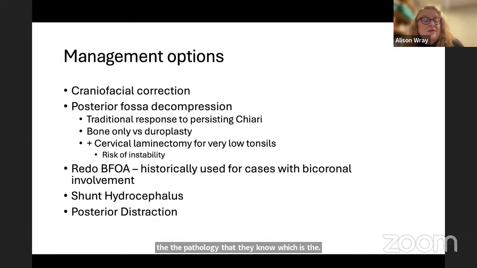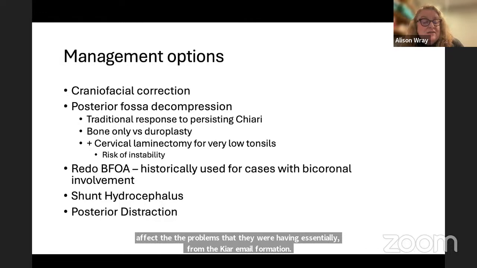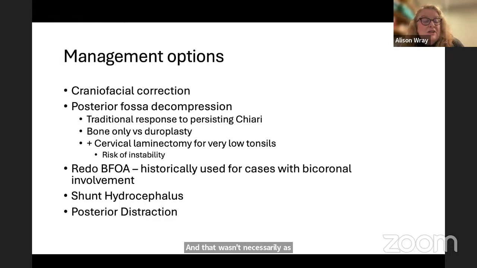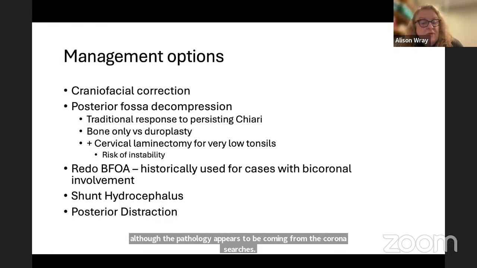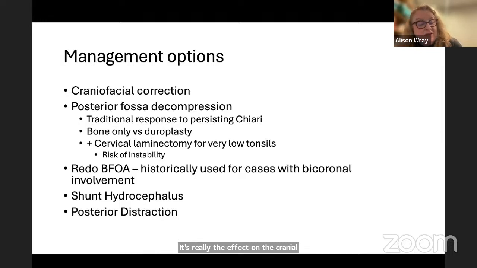And so there are cases where they've had multiple redo bifrontal orbital advances to try and affect the problems that they were having essentially from the Chiari malformation. And that wasn't necessarily as effective because although the pathology appears to be coming anteriorly from the coronal sutures, it's really the effect on the cranial volume that is the problem, and the effect of that is posteriorly.